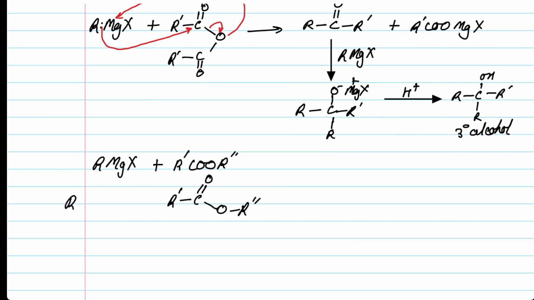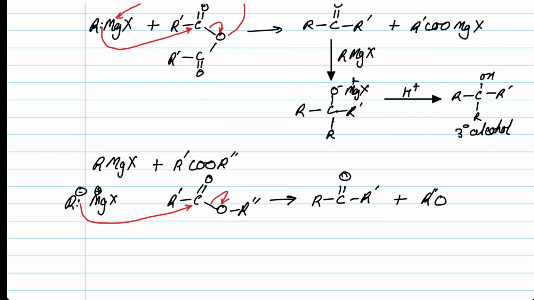This R minus is going to attack again on the electron deficient position, the electrophilic center, and that's again going to be C double bond O. The bond would cleave, and we are going to get, as we saw in anhydride, R C double bond O R dash and R double dash O minus MgX plus. Again, a ketone is formed.